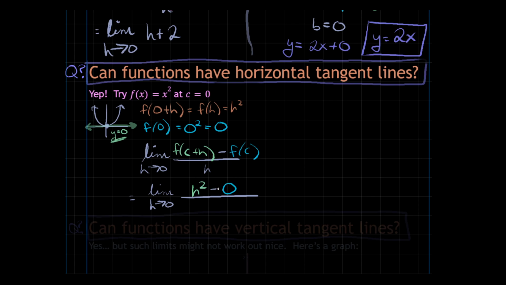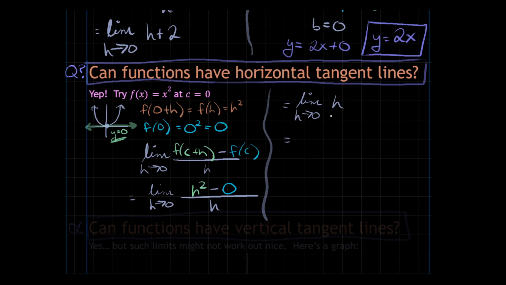Those two things are being subtracted, and we've got a regular h in the denominator. H squared minus 0 is h squared. H squared over h is just h. Limit as h goes to 0 of just plain h. Is there any funny business with h going to 0 here?